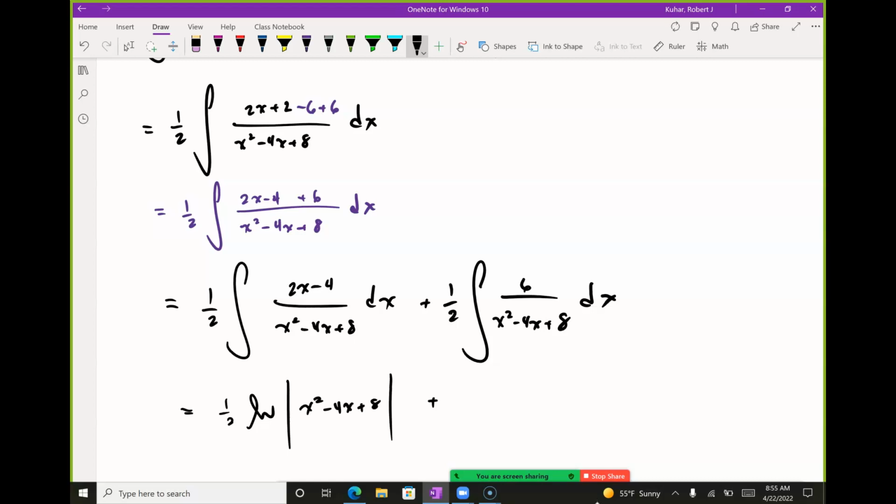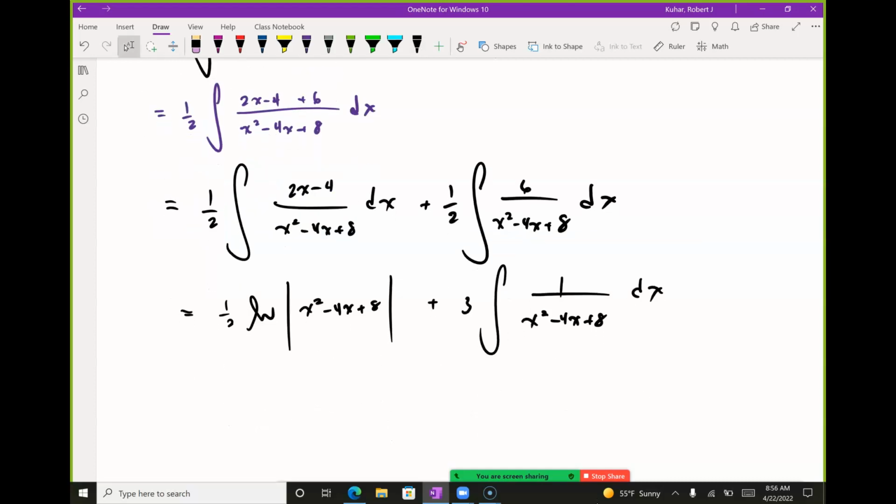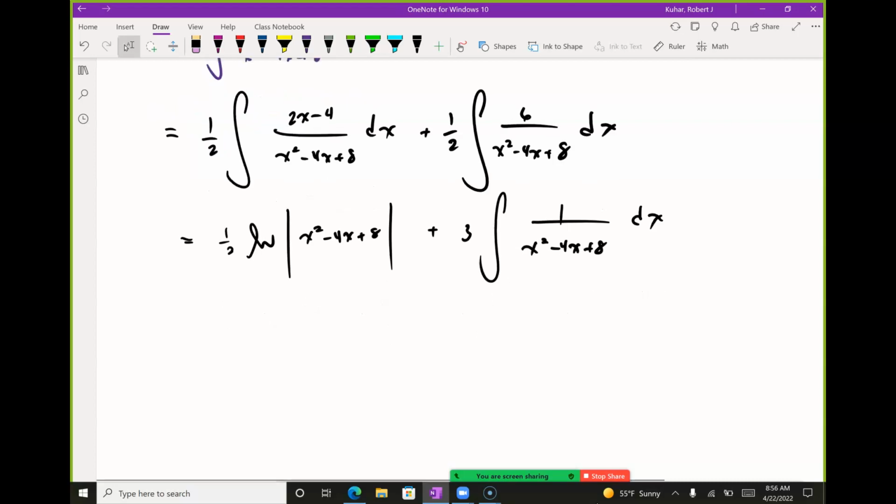And then over here, this is 1/2 of 6, it's 3, right? I want to complete the square like I did in that previous level to find an arctan there. Okay, so go.